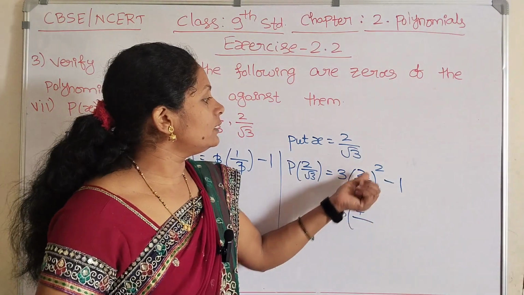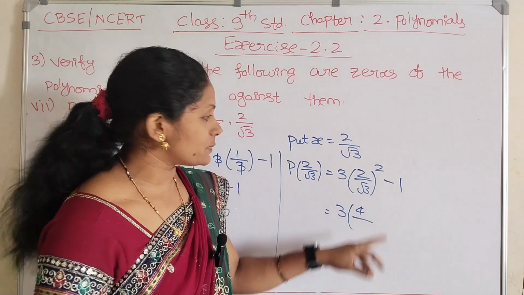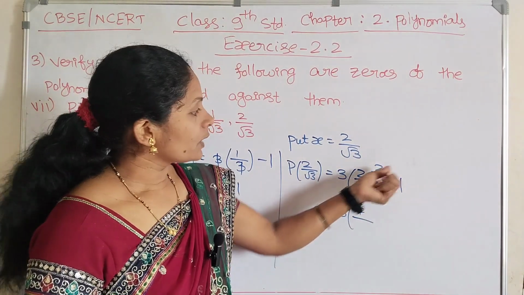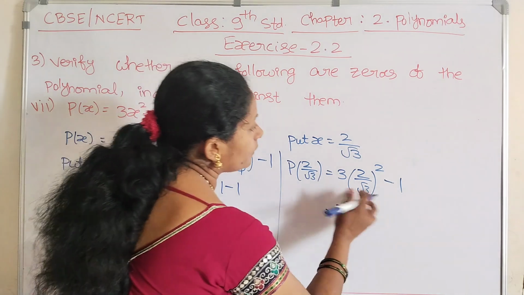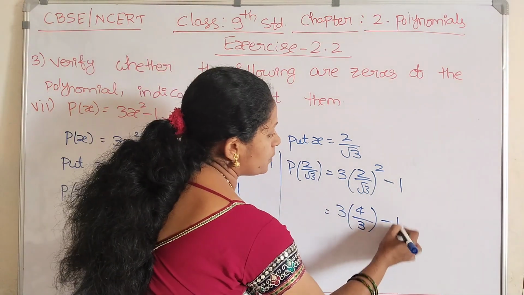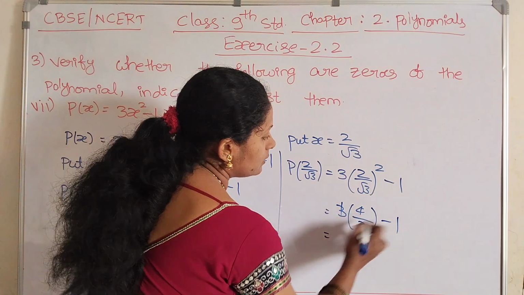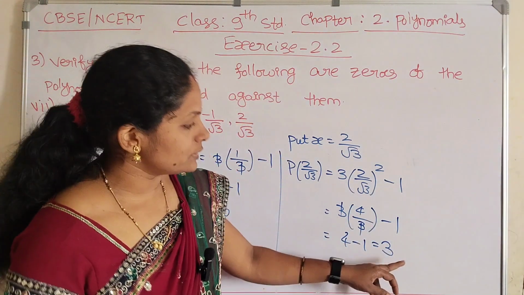As we know that a by b whole square can be written as a square by b square, we can separate the powers to their numerator and the denominator. I am going to write it directly here. Minus 1. 3 gets cancelled. The remainder is 4 minus 1, which is equal to 3. Have we got the 0 here?